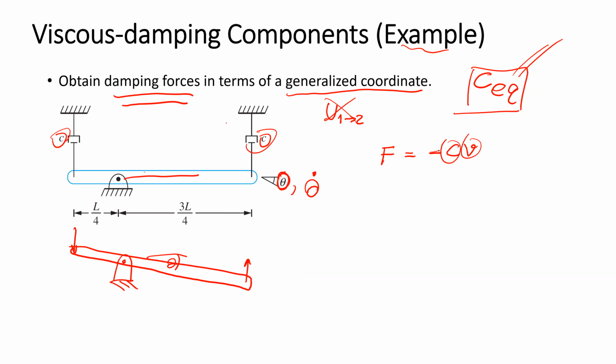So if this bar has the angular velocity theta dot in the clockwise direction, the magnitude of the velocity at this point is L/4 theta dot, and the direction is downward.